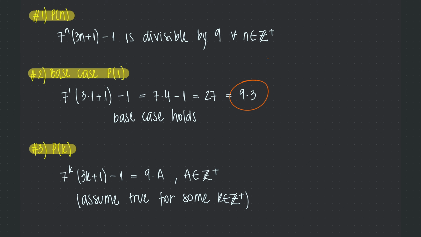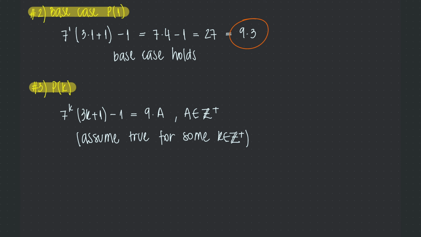Now, for the same reason that we saw over here, writing this as 9 times a, being an integer, shows us that we're getting, as a result, a multiple of 9, which is representative of a number which is divisible by 9 as well. And remember that this is the equation that we're going to use in order to substitute something into p of k plus 1 to show that we get, in p of k plus 1, a number which is divisible by 9.